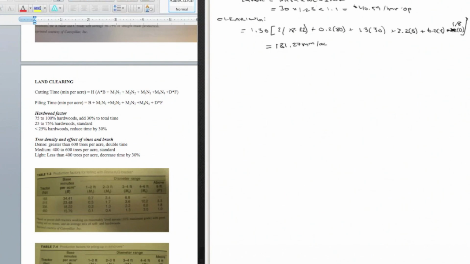Now we need to adjust this for grubbing. Grubbing, if you remember, is just a 25% increase in time if done in one operation, which is what this one is.